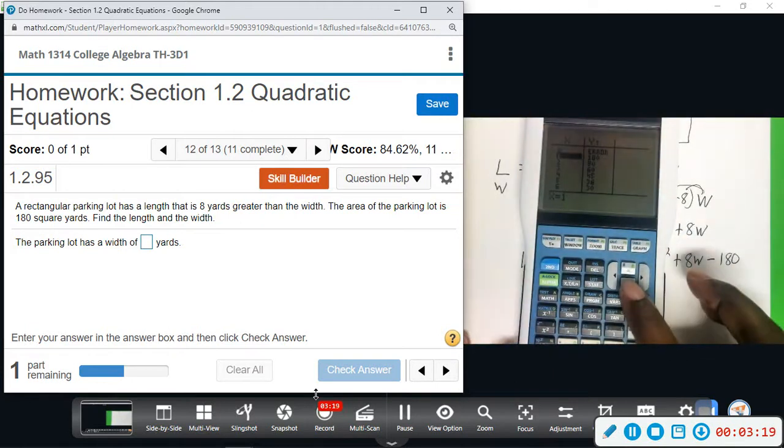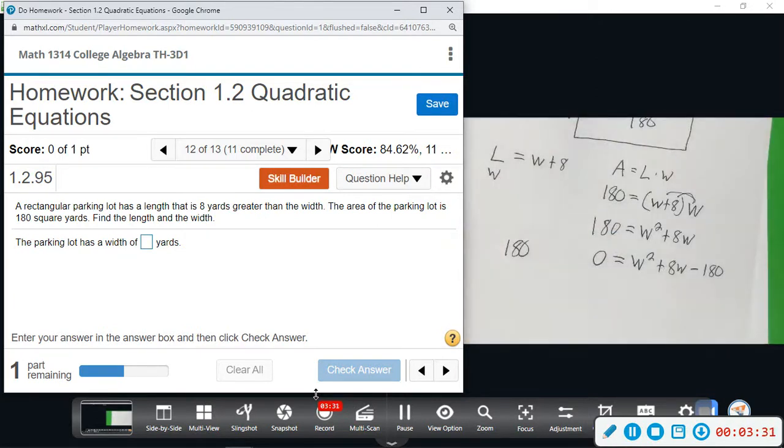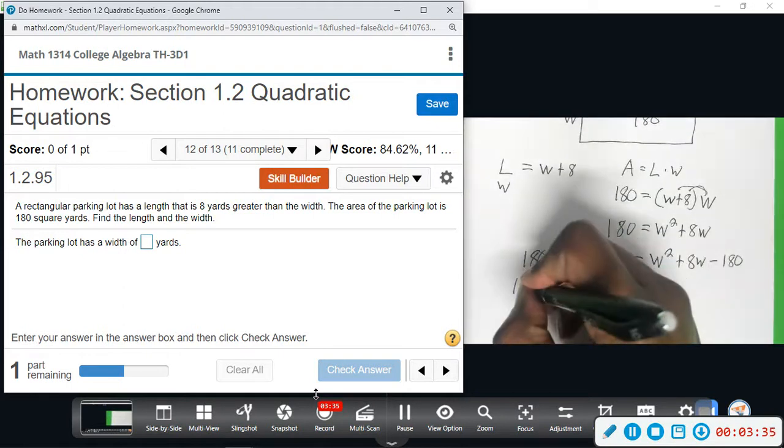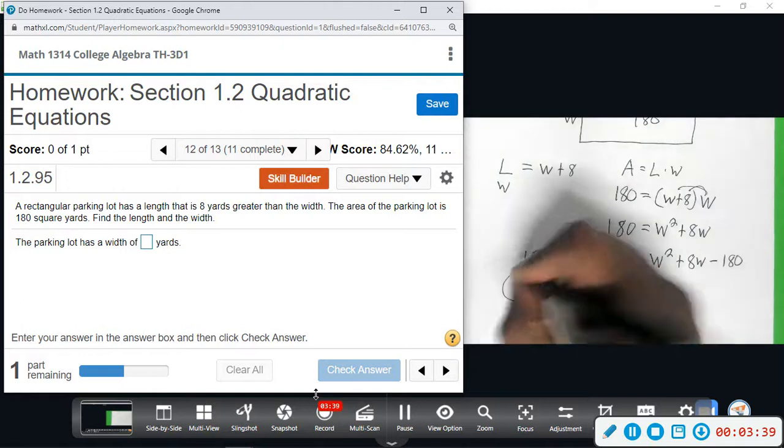Which of these numbers when I subtract give me 8? 9 and 20, that will give me 11. Look, 10 and 18. If we subtract those, we get 8. So I'm going to write down 10 times 18, which is 180. And these are the ones that will factor.